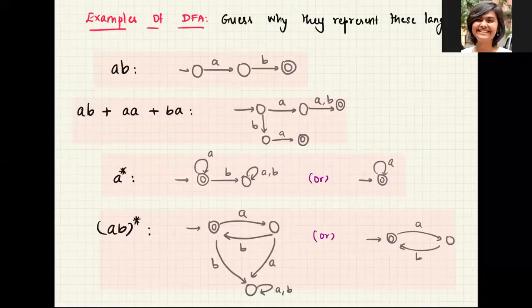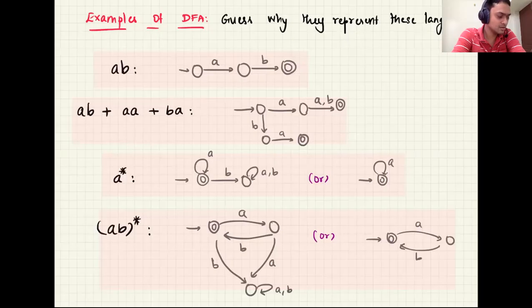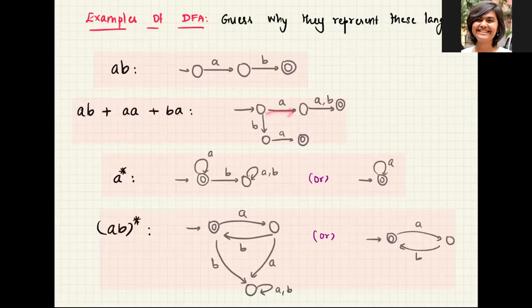The double circle probably represents the end of the language. For example, in the second one, after a, there are two options. You can take a or b, but the language ends there. Correct. There are two ways: you can start with a or with b, and then after b, you have to take a, and then again the language ends.